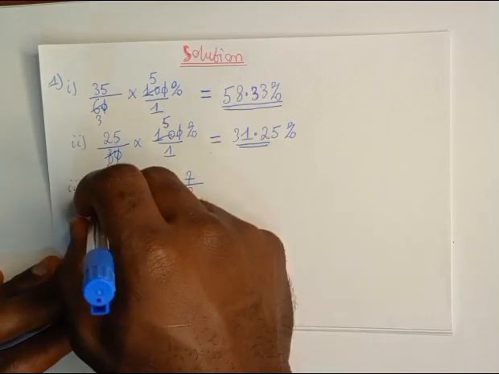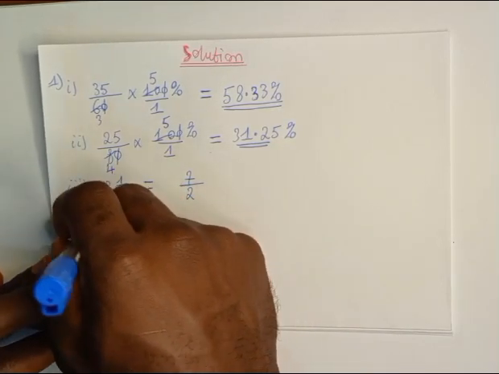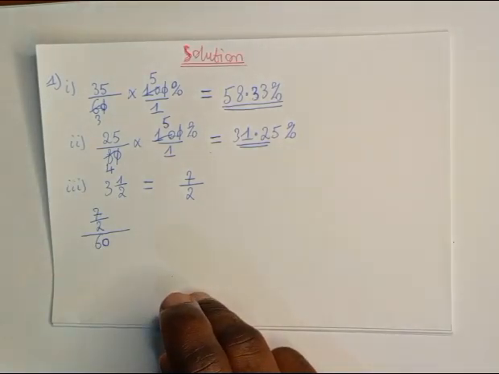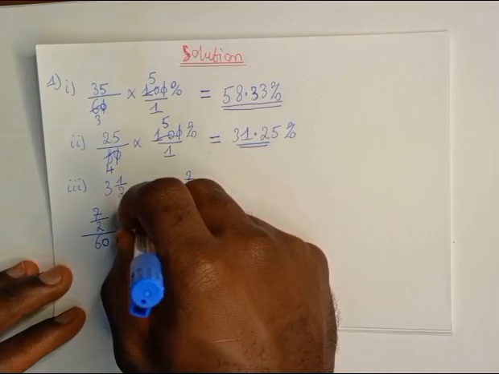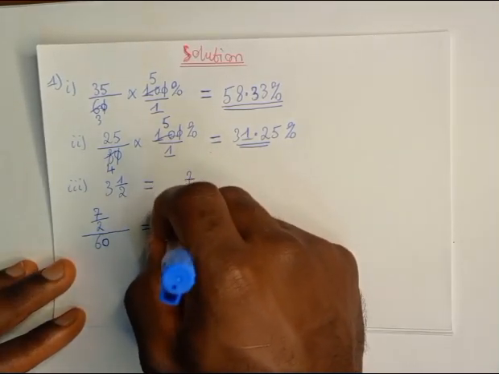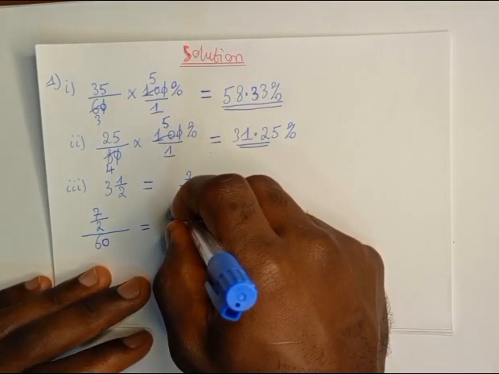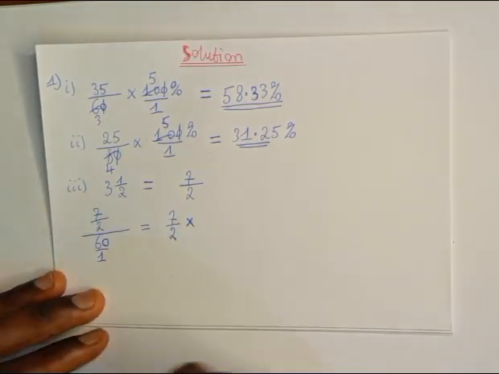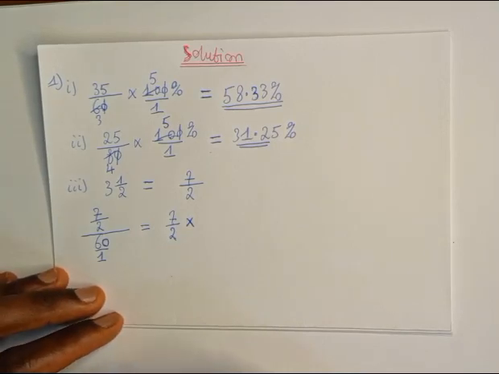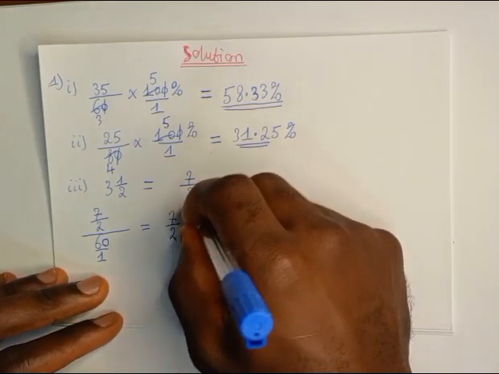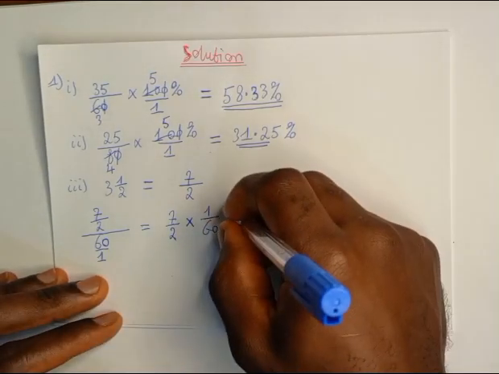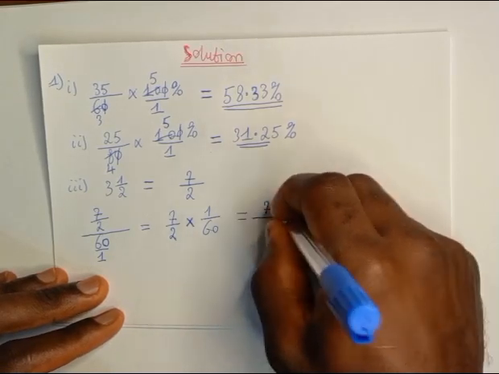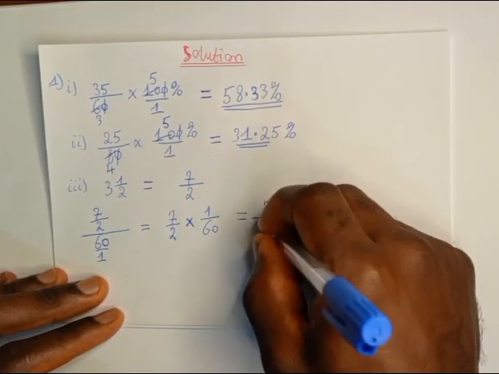Therefore, we have 7 over 2 out of 60. 7 over 2 over 60 is simply equal to 7 over 2 times, we know 60 here is the same as 60 over 1. We are dividing two fractions, so we are going to invert the second fraction times 1 all over 60. This will simply be equal to 7 times 1 gives 7 all over 60 times 2 gives us 120.